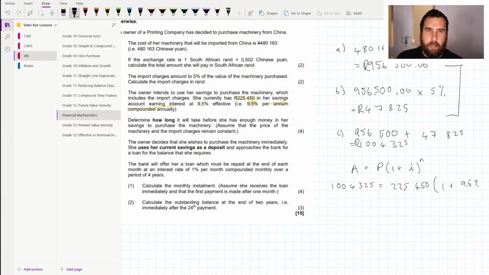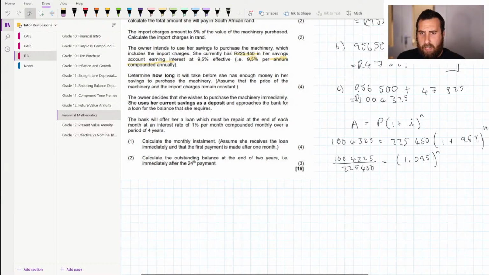We don't have to divide by anything because we're just looking per compounded annually, and we're trying to solve for n. So what I'm going to do is divide by the savings amount on both sides. So I'm going to get 1,004,325 all over 225,450. And that's going to leave me with 1.095 to the power of n. So that's what 1 plus 9.5% is.